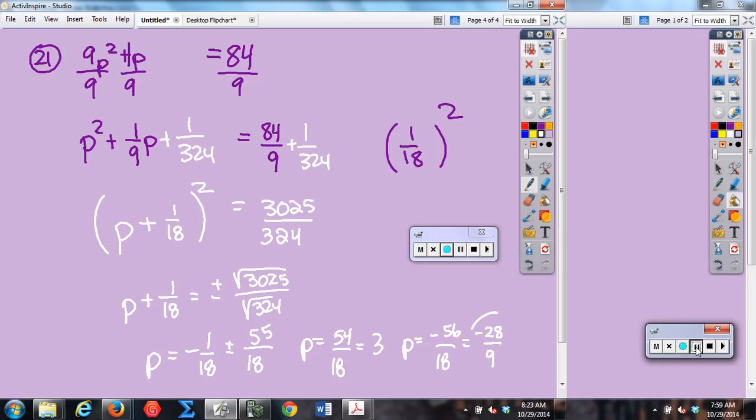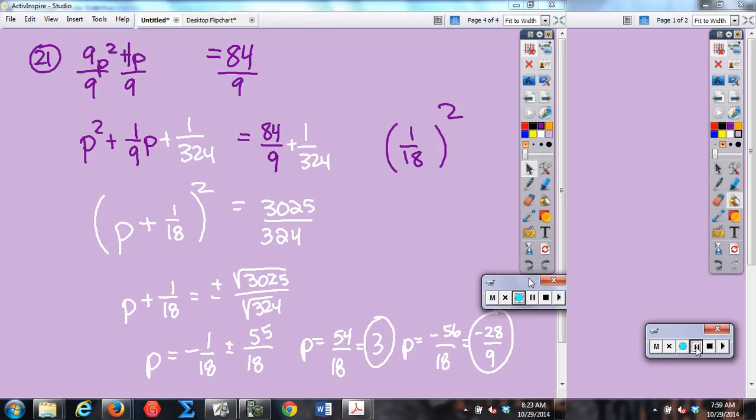Let me show you something that's kind of helpful for you too. If you get answers like this originally, it would have factored. You could have done this by factoring. If I wanted to factor it, I can factor it super fast now that I know the answers.